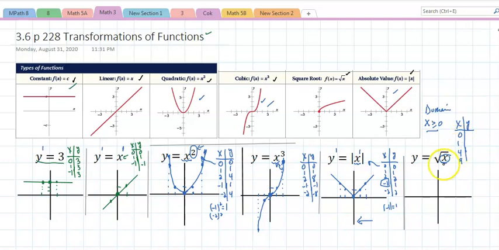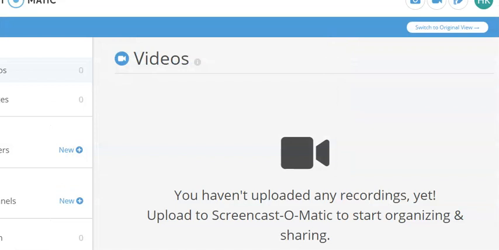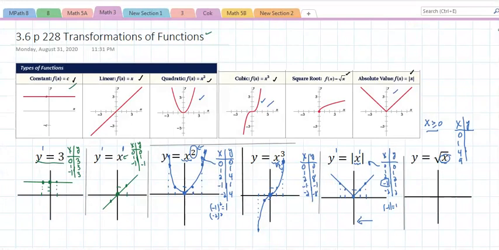So, x equals 0, y equals 0. X equals 1, y equals 1. X equals 4, the square root of 4 is 2. The square root of 9 is 3.